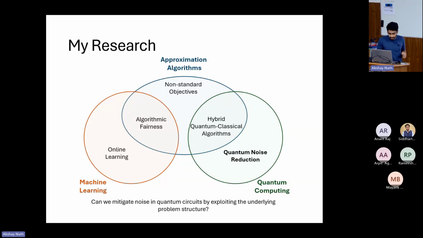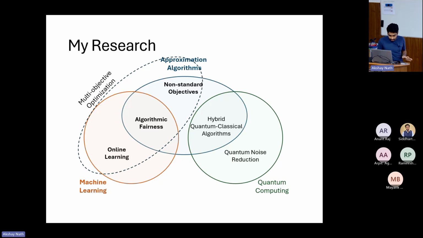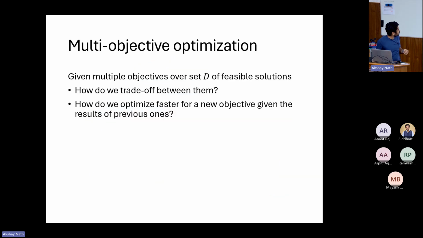Today, I'm going to focus on the machine learning and the approximation algorithms part, and with specific focus on multi-objective optimization. And what are the kind of questions I'm going to look at? So here are the two broad set of questions I want to address, right? So suppose you have some domain of feasible solutions. Of course, if you're given an objective, we can optimize over it and so on.